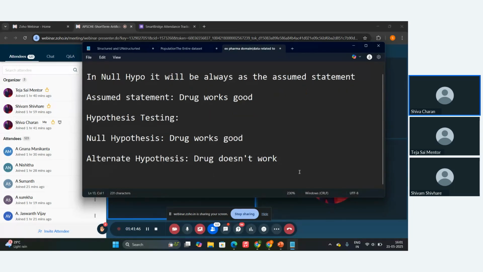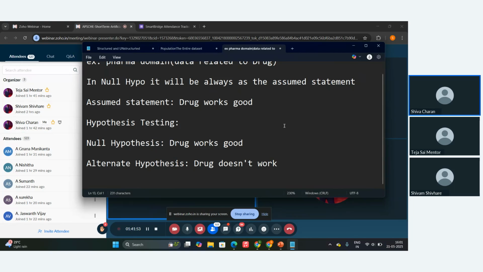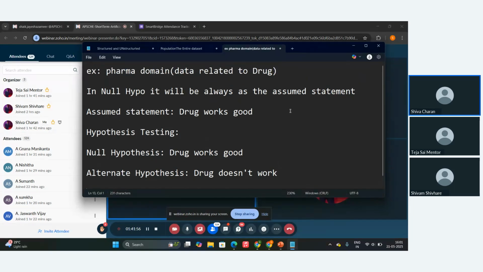Based on the mean and the standard deviation of the columns which we are considering, the data set is related to the COVID vaccine drug. In that we'll have all the calculations: what is the concentration of what kind of chemical we are using, what kind of liquid we are using, what concentration needs to be given to a patient, and what kind of reactions we are getting at what concentration, for each category.